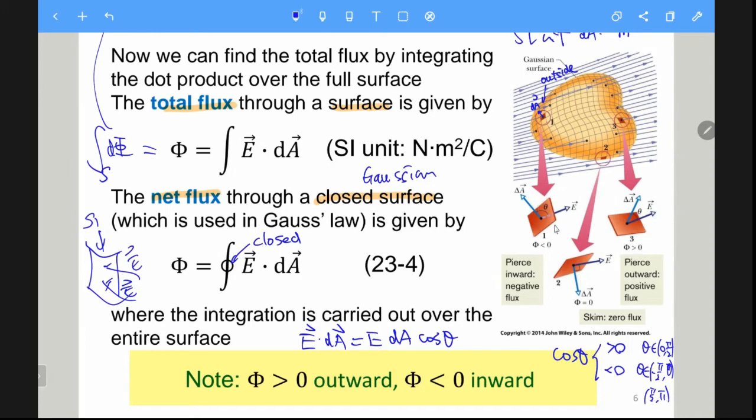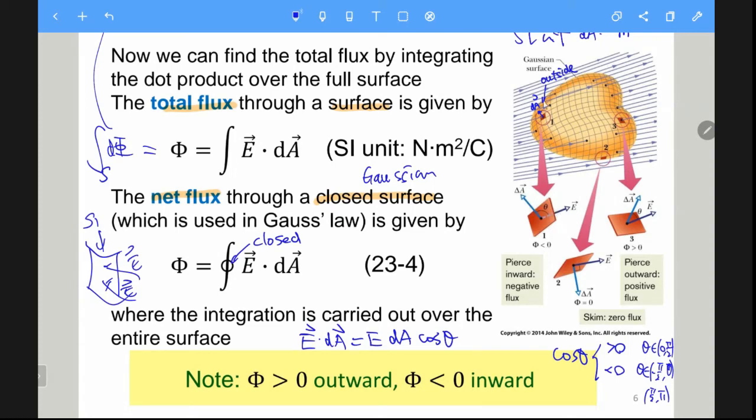So if theta is an acute angle, then this dot product will be a positive value. If they are perpendicular to each other, then cosine theta is 0, so E dot dA will be 0. If the angle is larger than 90 degrees, larger than pi over 2, then this dot product will be smaller than 0.